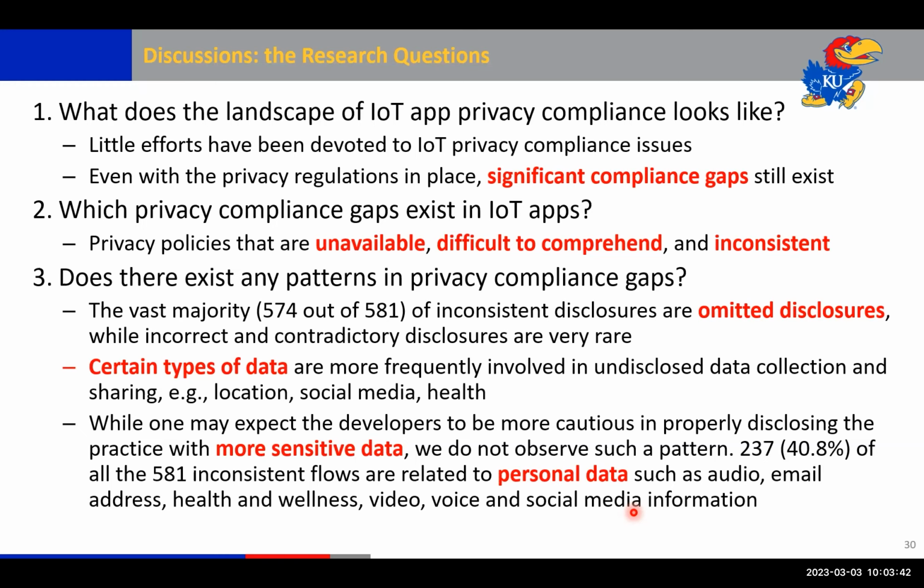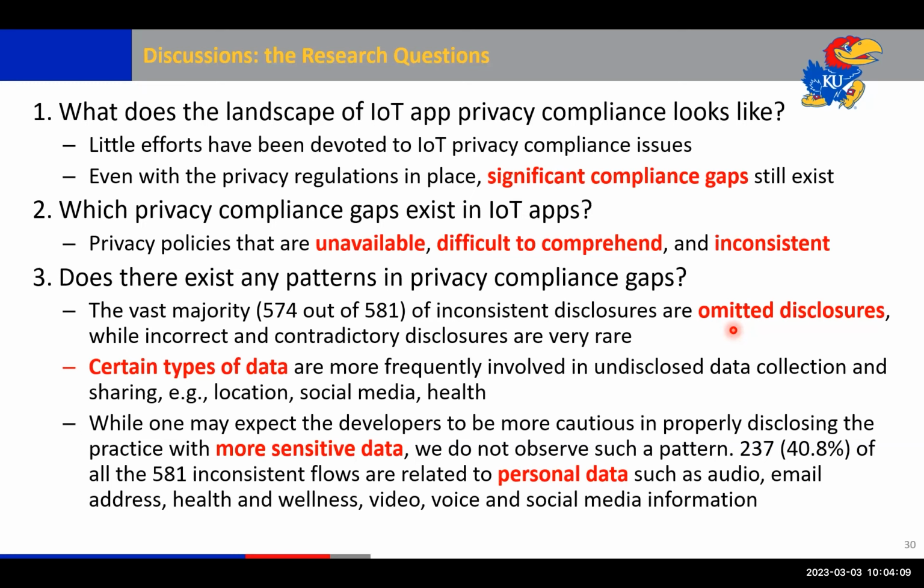We found that the majority of the inconsistent disclosures are omitted, where they do not disclose at all what practice is being done. In the beginning, I said we are also looking for patterns of disclosure. Certain types of data are more prone to being omitted, such as location, social media, and health and wellness data. This was omitted a lot in the privacy policies.